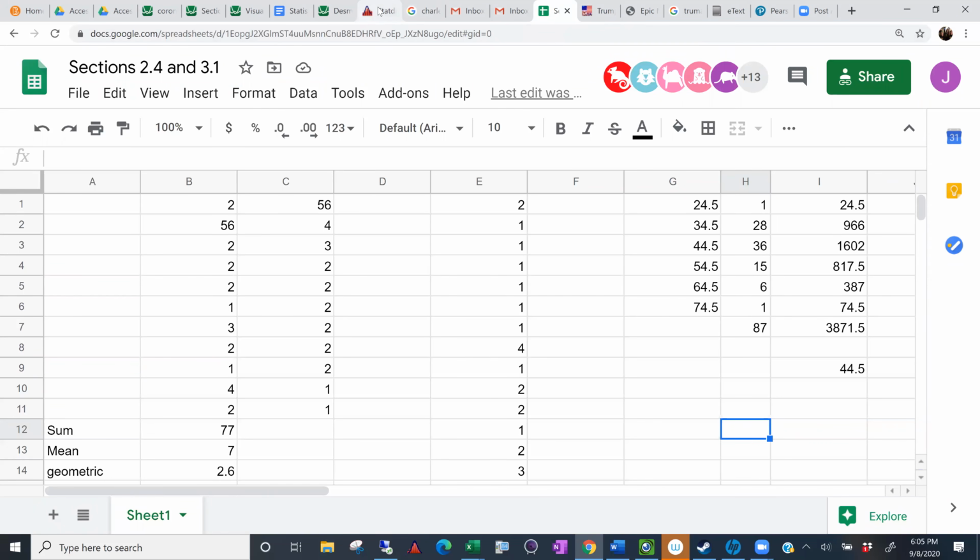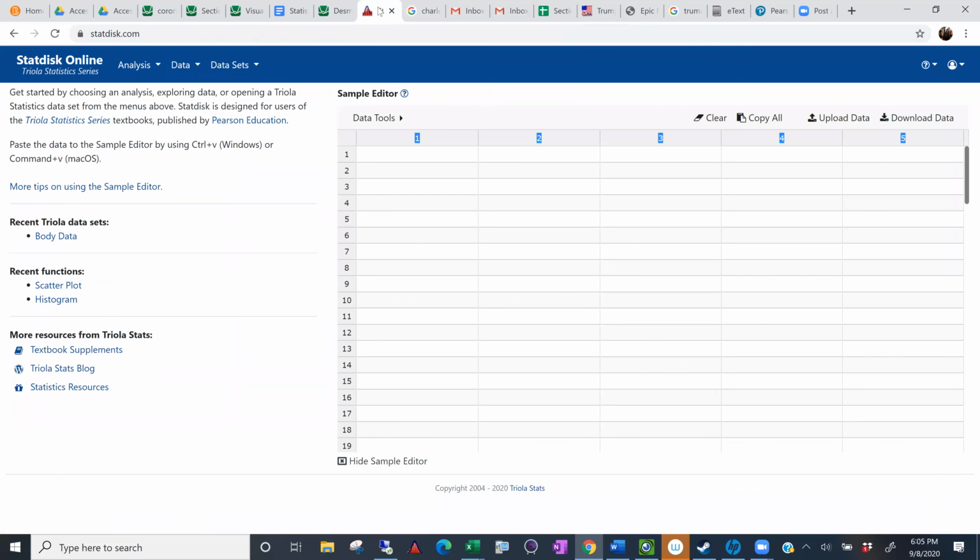Let's do it in Statdisk. And what I'll do is I'll read off the numbers for you. So if you just want to concentrate on typing, that's fine. So going down the first column would be a 73, 75.5, 75, 75 again, and then 75 a third time, 74 twice.